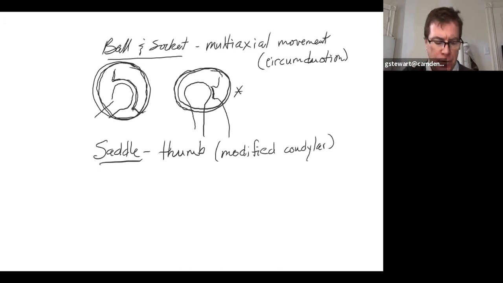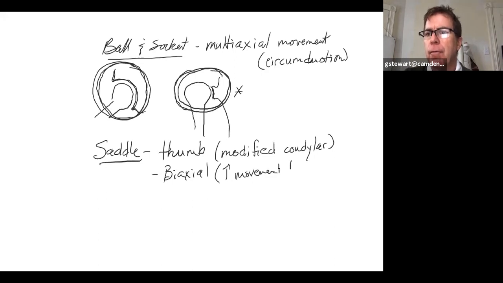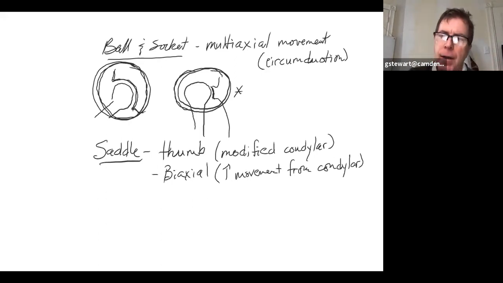This one is also biaxial, but slightly more movable than the fingers. Technically, it's still biaxial, but presents an increased movement from condylar. Just to describe to you what it looks like, what you and I would call the receiving bone gets its name because it looks like a saddle.